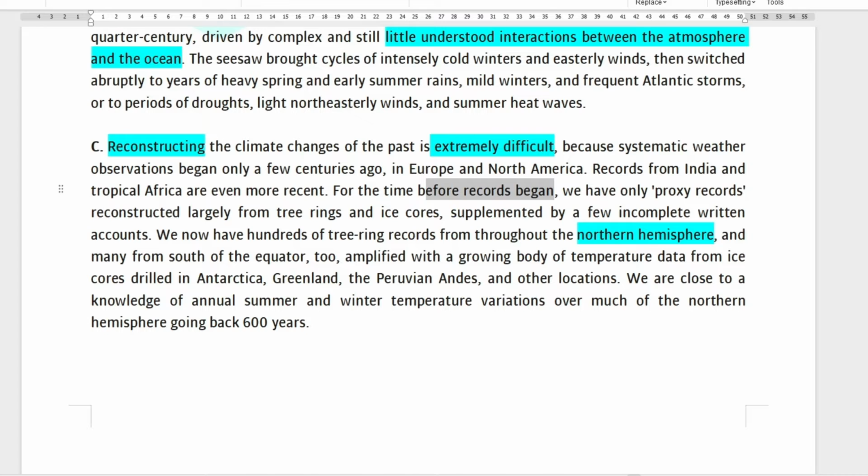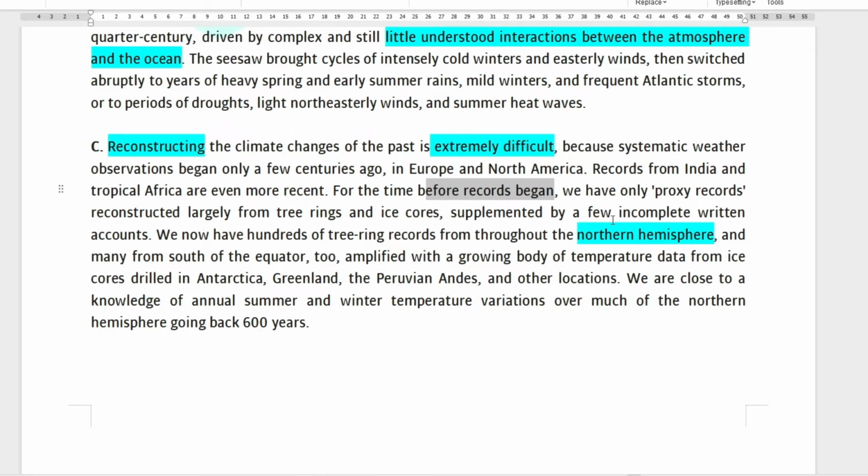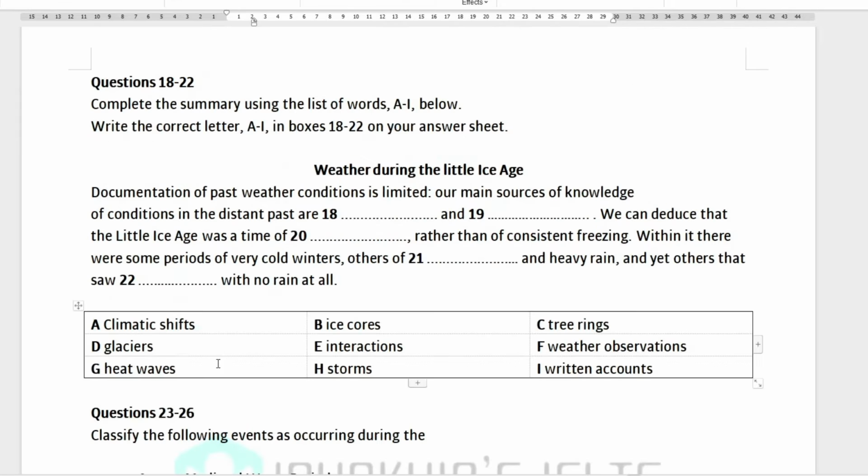So there was only proxy records. Do you have proxy records? No, we don't have a similar word there. So before records began, we have only proxy records constructed largely from tree rings and ice cores. So tree rings and ice cores.